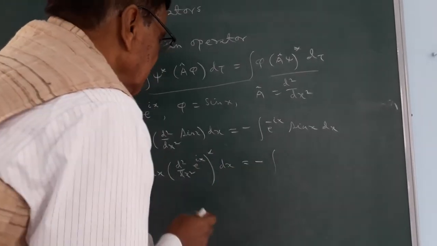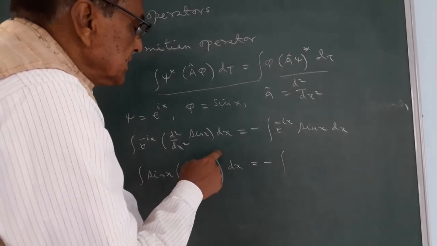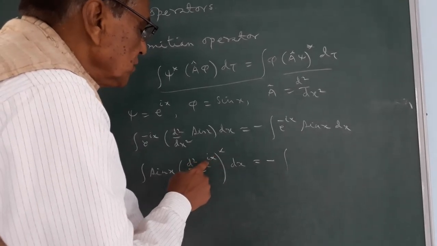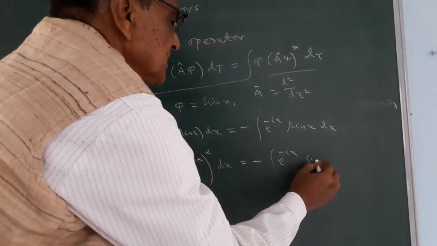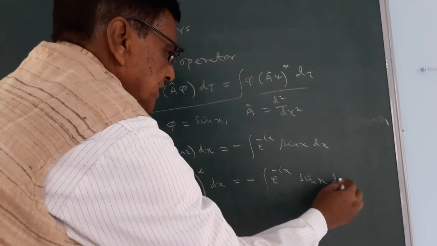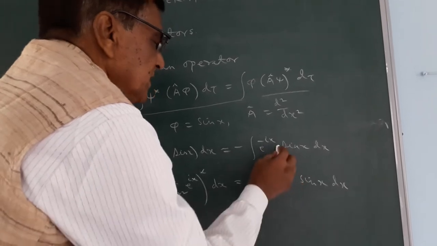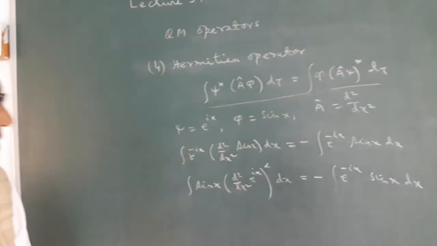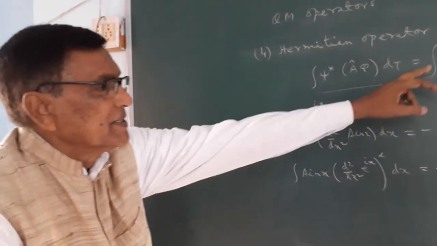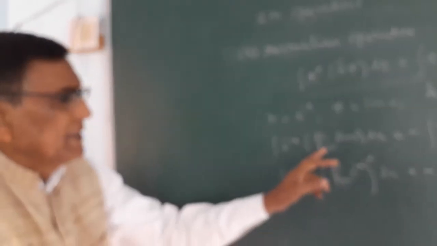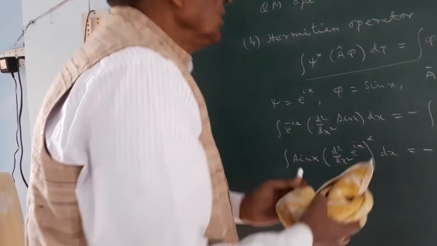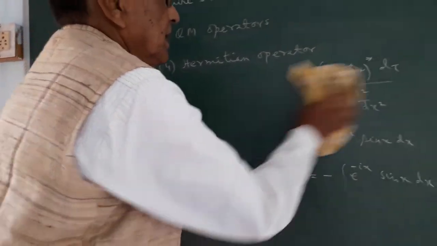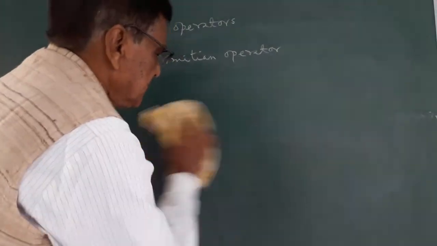The complex conjugate of this will be e to the power minus ix, and the integral of e to the power minus ix and sin x dx. So these two sides are the same, left-hand side equal to right-hand side. So d²/dx² is a Hermitian operator. And all quantum mechanical operators are Hermitian operators.